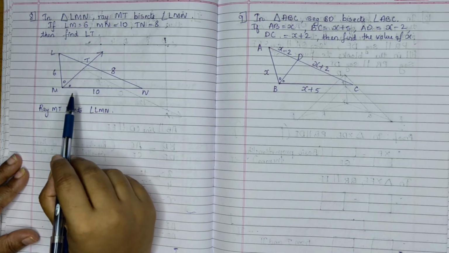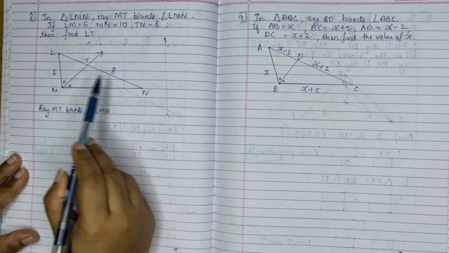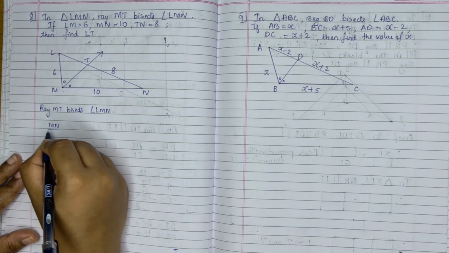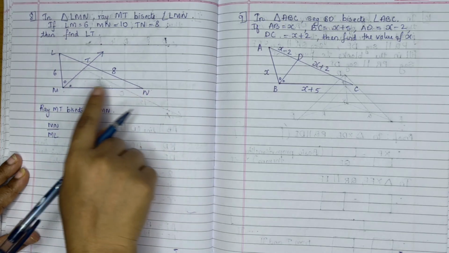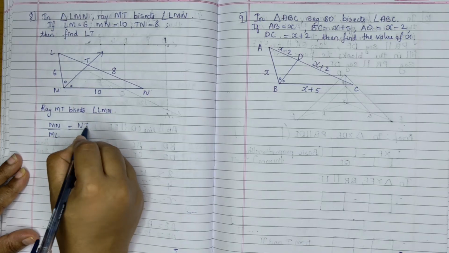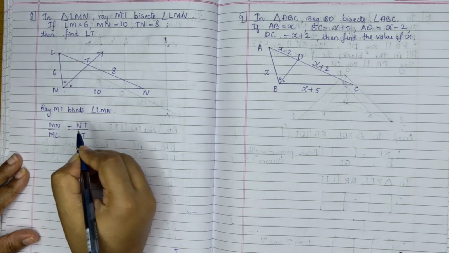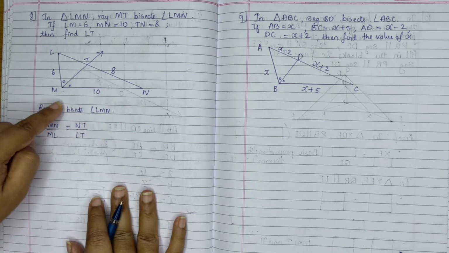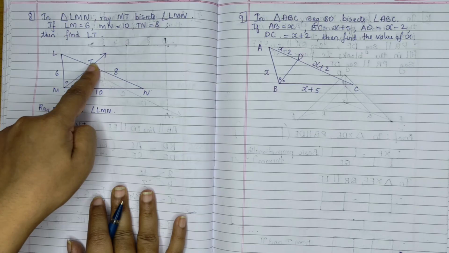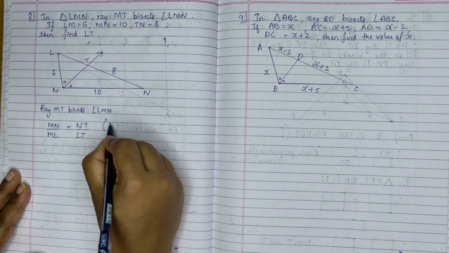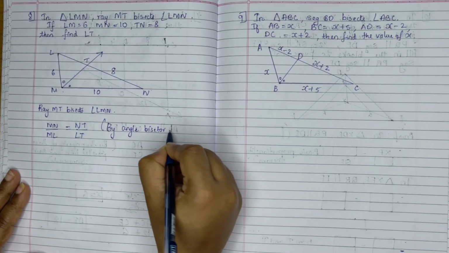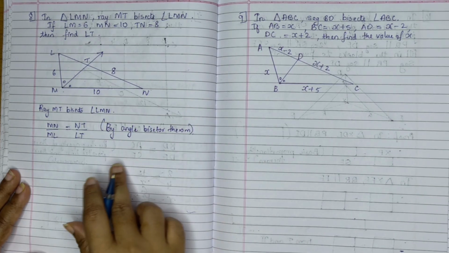You can use this MN upon ML is equal to NT upon LT by angle bisector theorem.